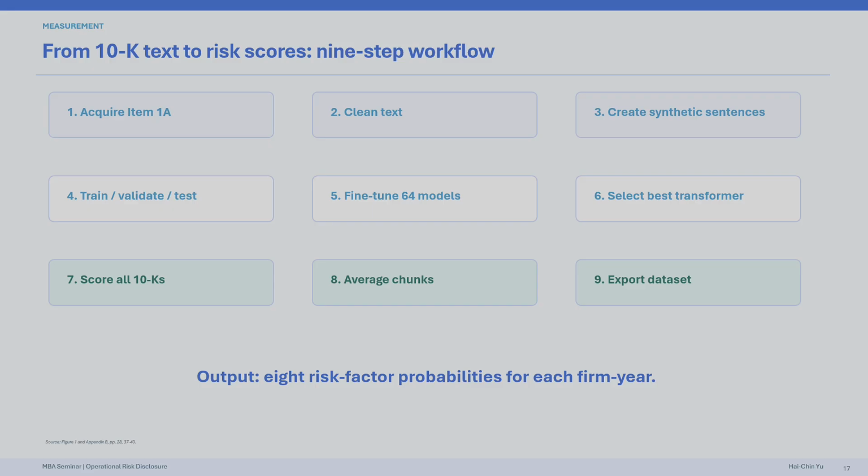All 10Ks, all firms, they have more than 16,000 firms for each year during the 20 years, and get the average chunk and export the data set. Also a very huge work.